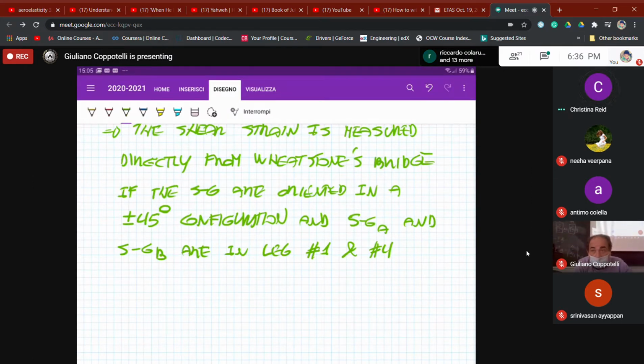Then to each value of these principal angles, you got the corresponding value of the strain, that could be either maximum or minimum. So in our exercise, the alpha P equal to 27 degrees gives you the maximum strain. I don't remember the value, and the minimum strain is for sure negative.